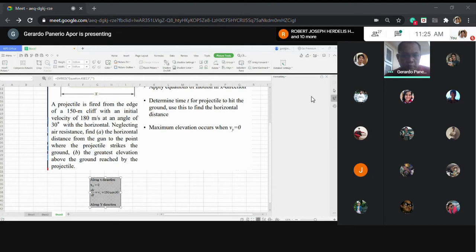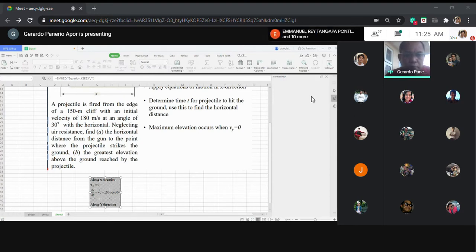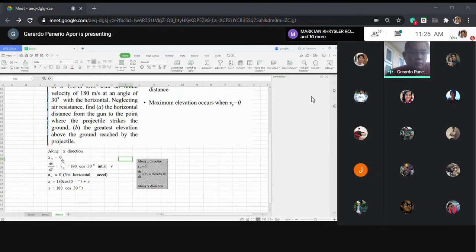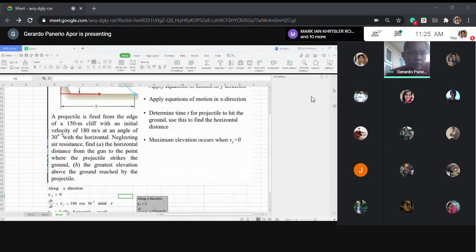So along x-axis, you can conclude along x direction, x sub 0, if this is our point 1, is 0.